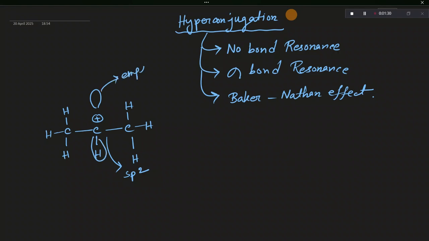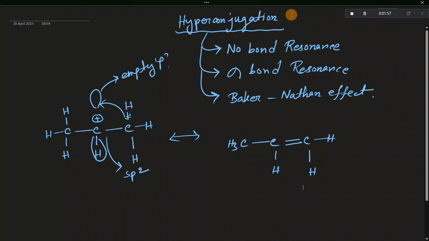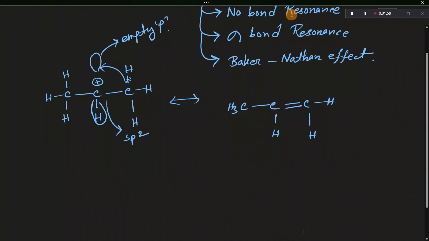Now to neutralize this compound, the electrons of this carbon-hydrogen bond shift here and we get CH3-CH=CH2. This phenomenon is basically called hyperconjugation.